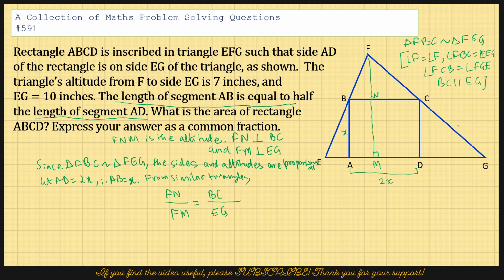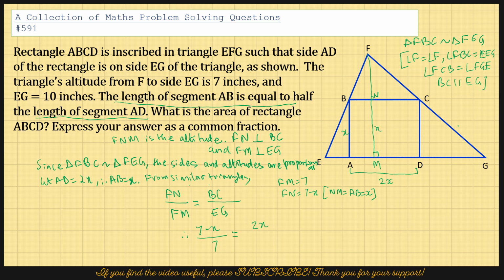Now we know that FM is equal to 7 because the altitude is 7. So FM is 7 and FN would be 7 minus x, and that's because NM equals AB equals x. So FN is 7 minus x out of FM, that's 7, and that equals BC, and equals AD is 2x.